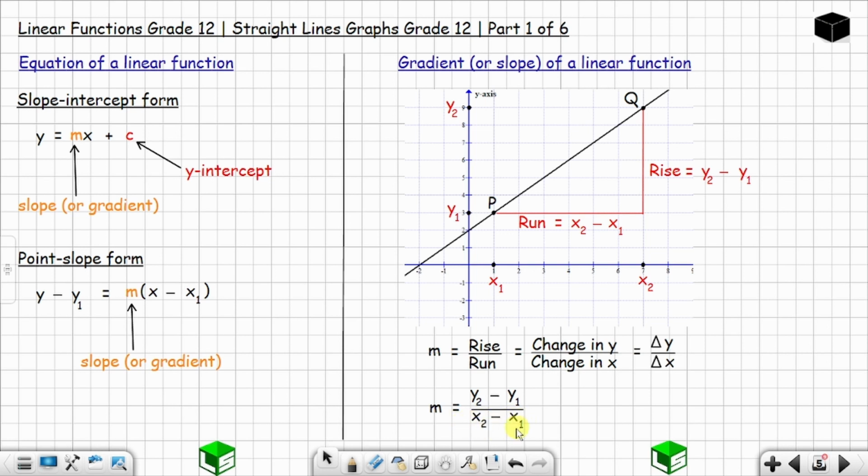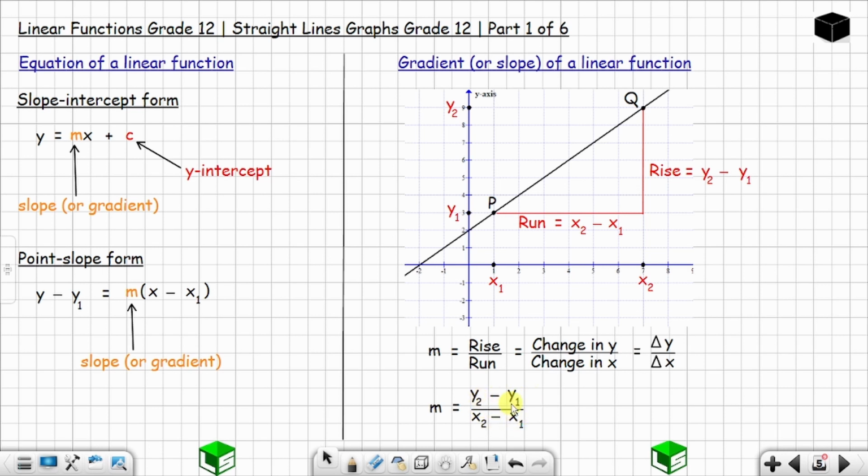When calculating the gradient or the slope, there is an order which we have to obey in order to get the correct answer. You can see when I start from 2 to 1 in the numerator, I do the same in the denominator. You start from 2 to 1, okay? If you start from 1 to 2, you must do the same in the denominator from 1 to 2, right?